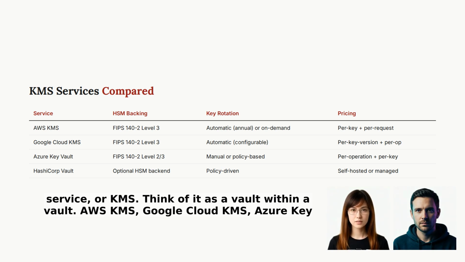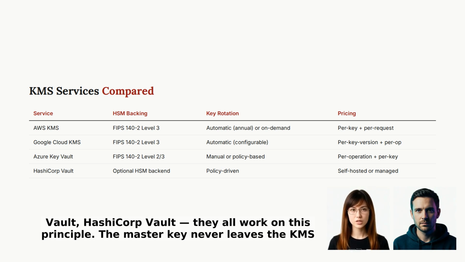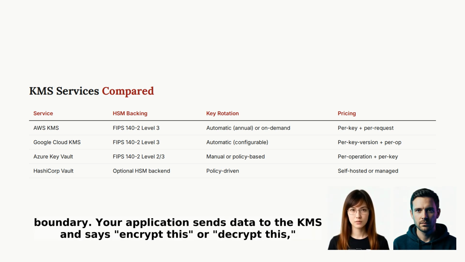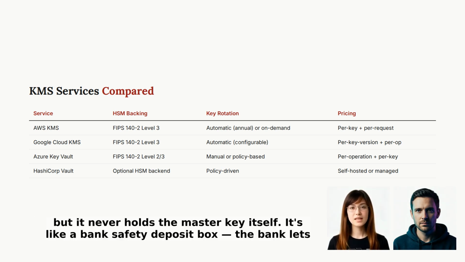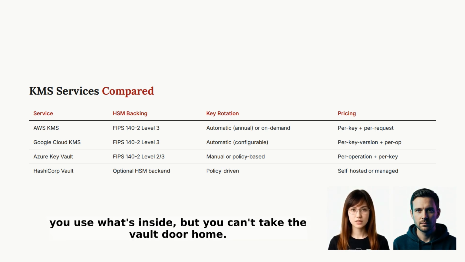AWS KMS, Google Cloud KMS, Azure Key Vault, HashiCorp Vault, they all work on this principle. The master key never leaves the KMS boundary. Your application sends data to the KMS and says, encrypt this or decrypt this, but it never holds the master key itself. It's like a bank safety deposit box. The bank lets you use what's inside, but you can't take the vault door home.